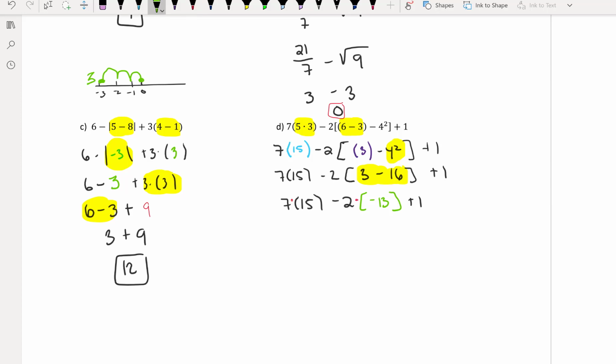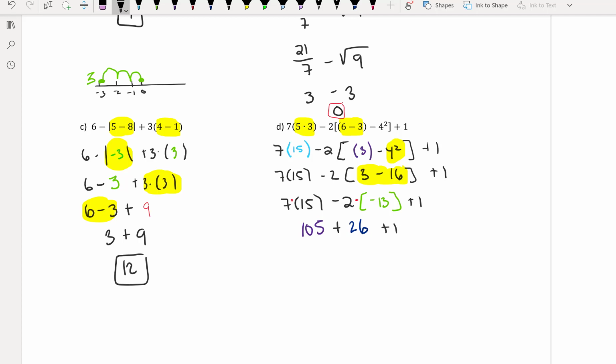So I'm going to have this as my 7 times 15, which is 105, minus, and then 2 times negative 13, that is going to give me a positive 26. And I still have a positive 1. And it was a positive 26.